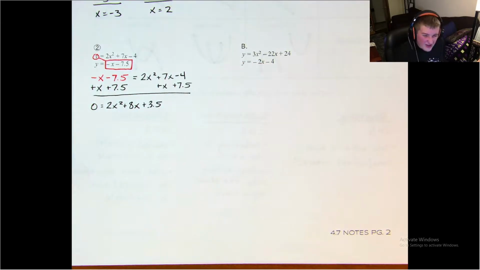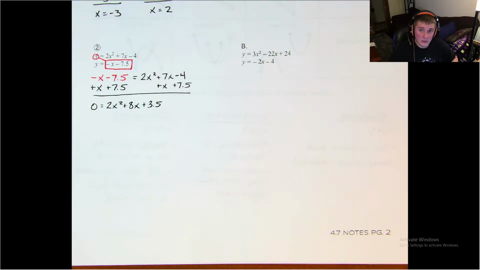Okay. Now, as I look at this problem, this one seems quite confusing because we have yet to have a single problem that we factored that has a decimal. And that's because those are tough to think about the combinations. So we need to alter this problem so we don't have to use a decimal. For example, 3.5, I just want to multiply that by a number so that it becomes a whole number.